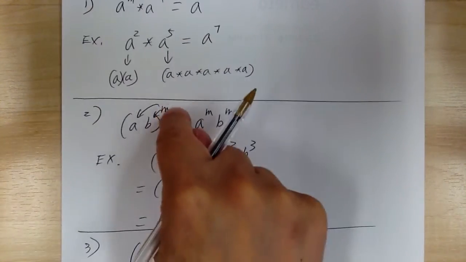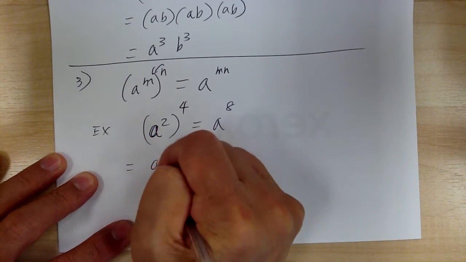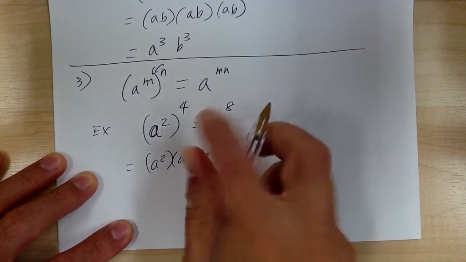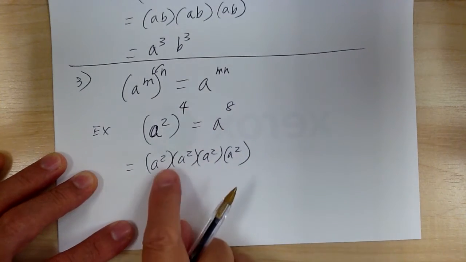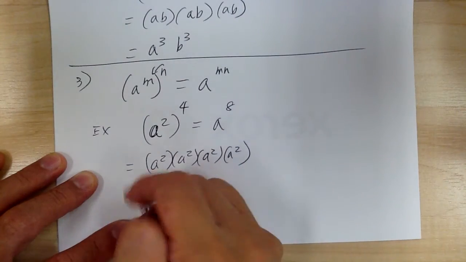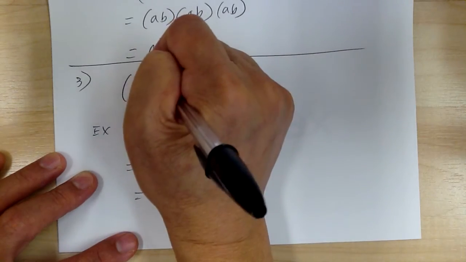Okay? Again, same principle, because this would be a to the 2, and there are 4 of them. Right? See, 4 means there are 4 of them. And again, you got 2, 2, 2, 2. So you add all these, you apply the first law, you add all together, you get a to the 8, right? There's a reason for that. So you need to be familiar with these 3 laws.